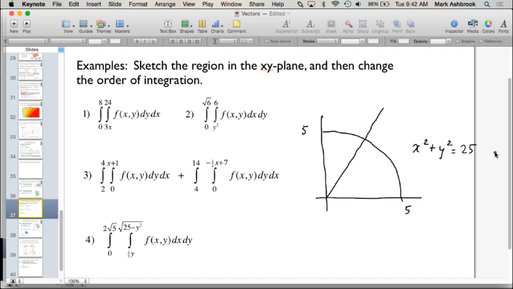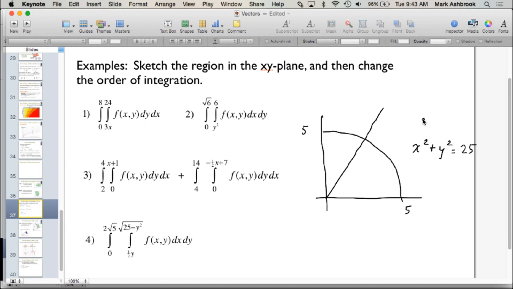Okay, so we got it written down. So this last one, number 4, so we saw it as I gave it to you as a type 2. We did it as a type 1. But there's actually a whole other way to do this that's a lot more convenient for this region.